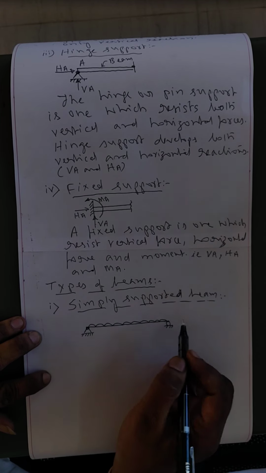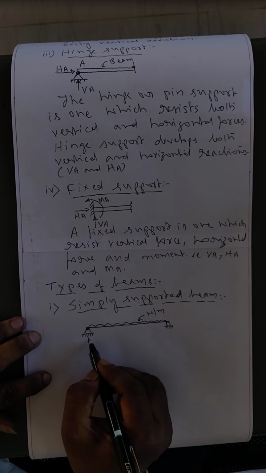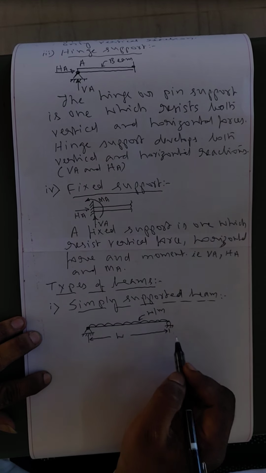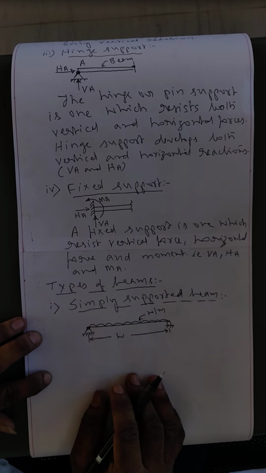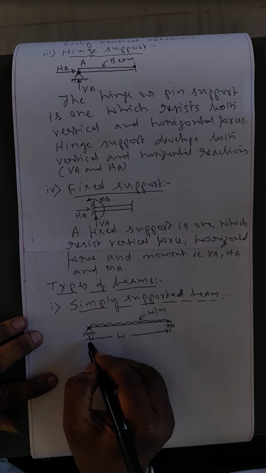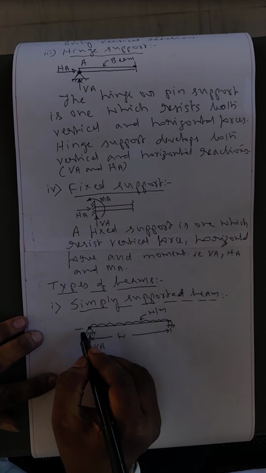This beam is loaded with a uniformly distributed loading, W per meter. The length between the two supports is called the span of the beam. Here the hinge support will develop two reactions, VA and HA.